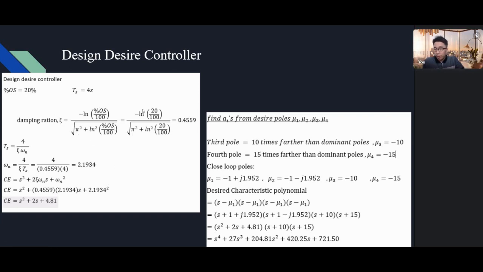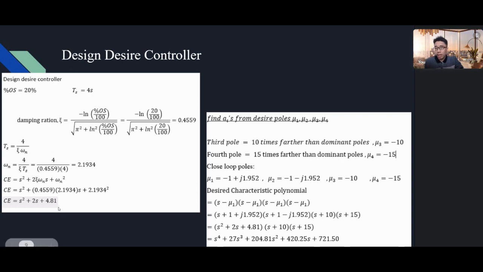From the damping ratio formula, we get the settling time, then we can find omega n. Then we use the formula for the characteristic equation, input those values, and get our result.